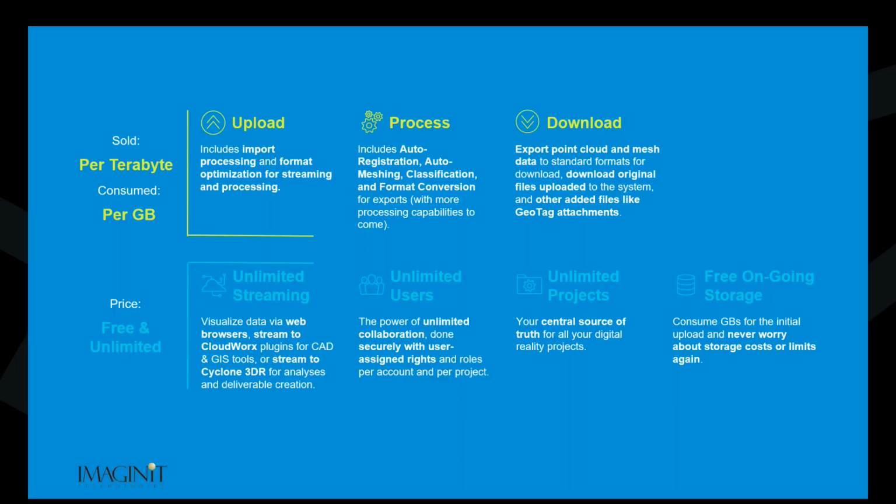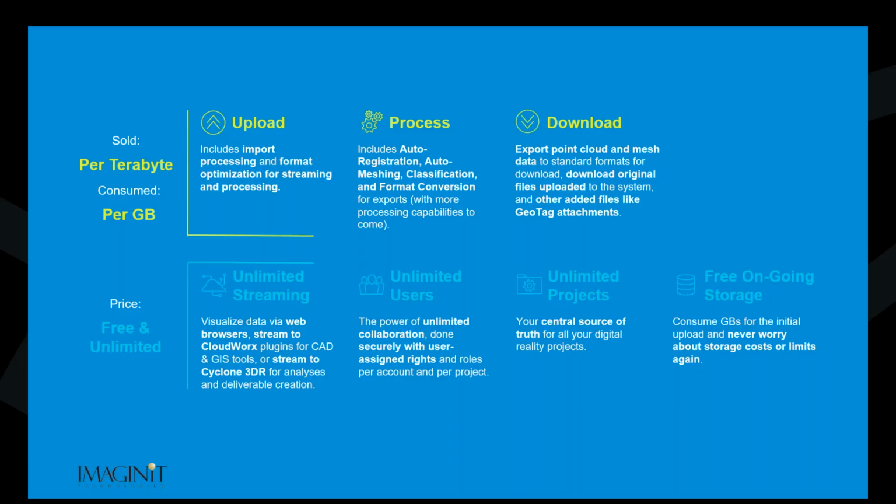One of the examples that Leica always uses is that maybe this year I have a pretty busy year, and I know I'm going to need 10 terabytes worth of data to upload. So this year I can get that 10 terabytes and upload all of my major projects.